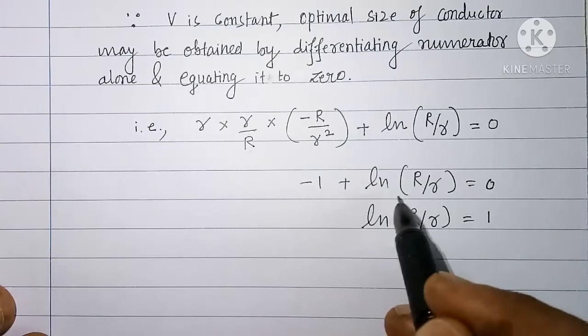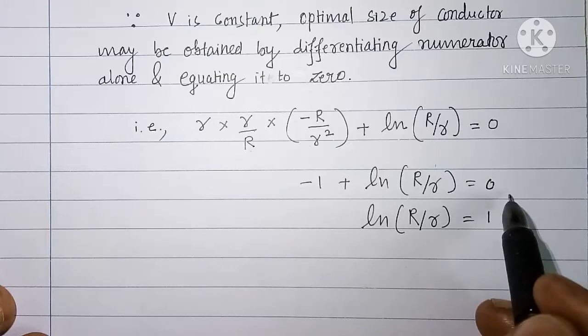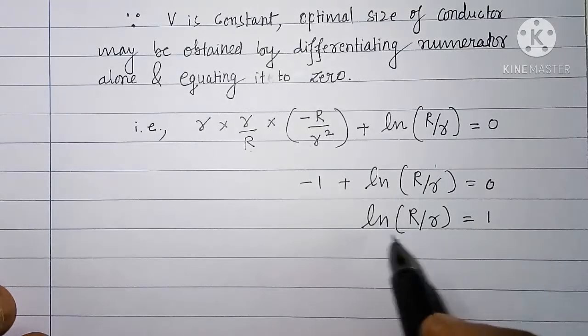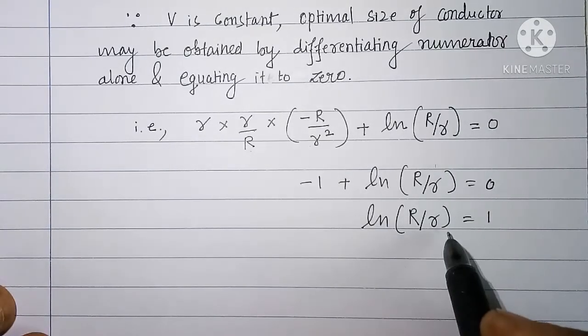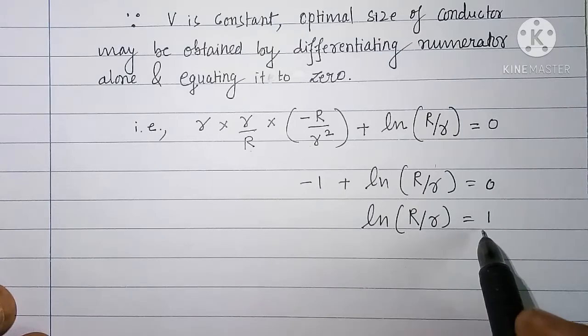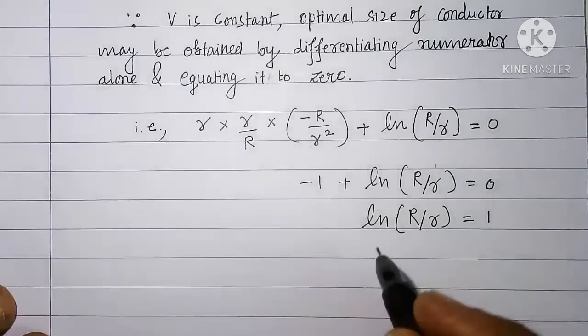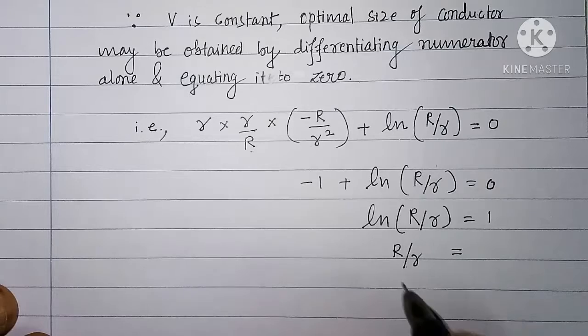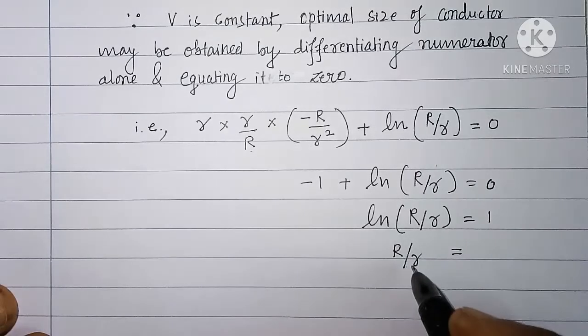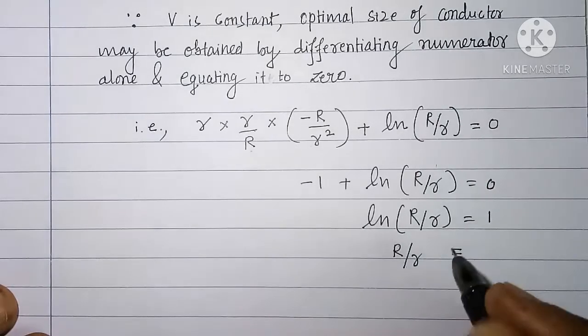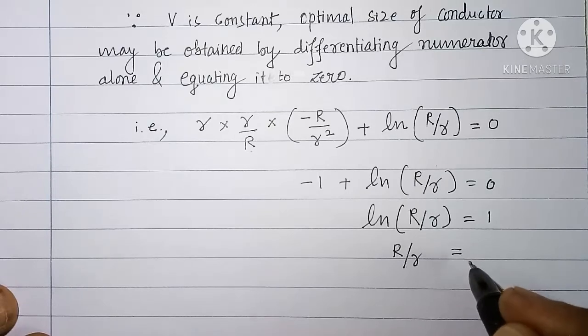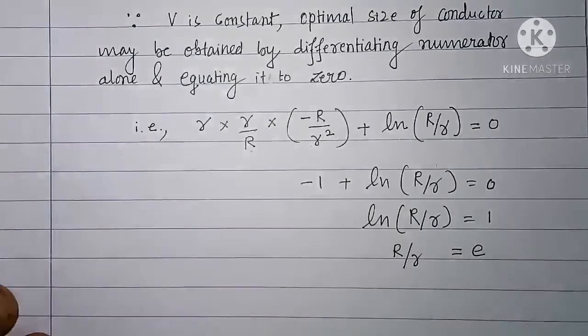So minus 1 plus ln of capital R by small r is equal to 0, or ln of capital R by small r is equal to 1, or capital R by small r is equal to e.